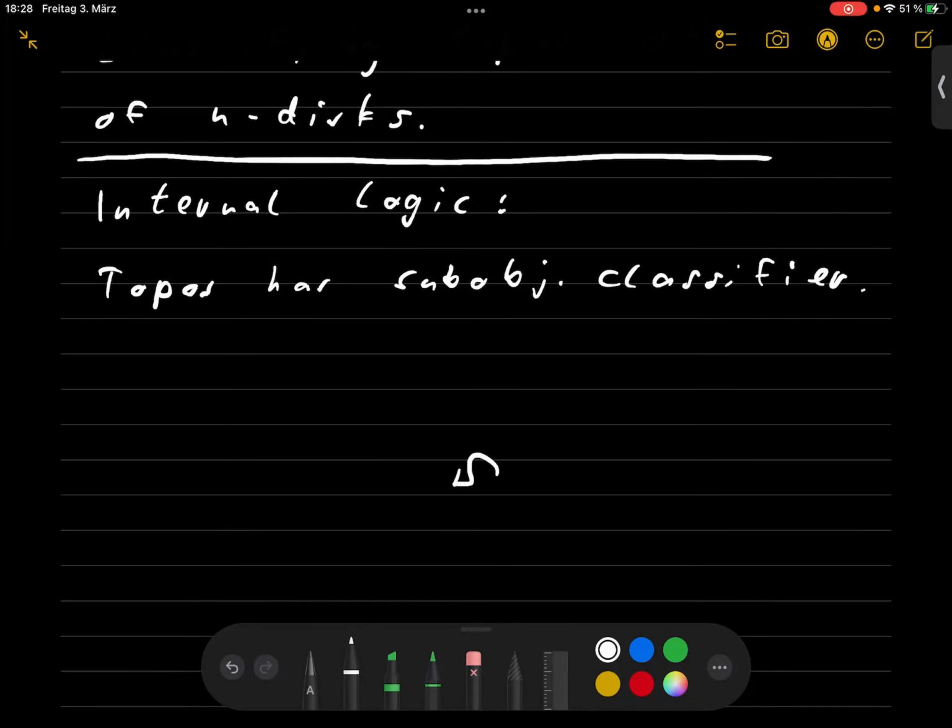There's an object omega and a morphism from the terminal object, which I call true, such that whenever we have any x and a subobject A, so this is a monomorphism, then there is a unique map that makes this into a pullback diagram. So in some sense, it's a moduli space of subobjects.